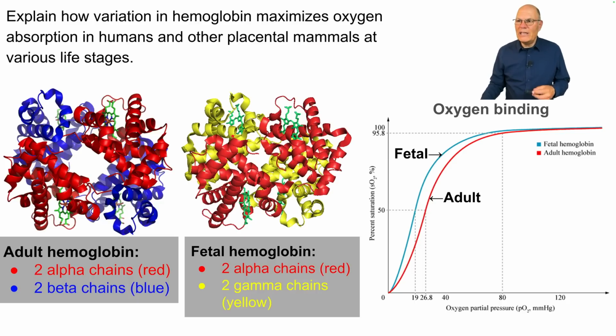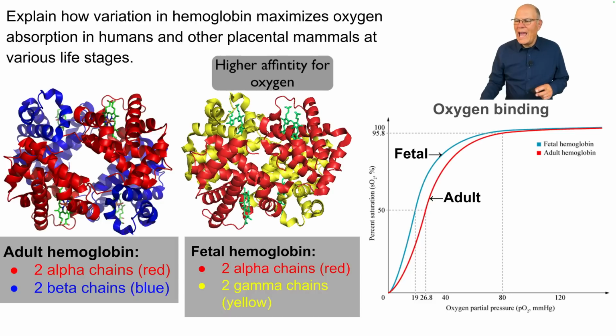Fetal hemoglobin is a variant, and it has a higher affinity for oxygen than adult hemoglobin. Here's the difference. All hemoglobins are the same in that they have these two alpha chains. They're shown in red over here, but adult hemoglobin has beta chains, where fetal hemoglobin has gamma chains. They're shown in yellow over here.